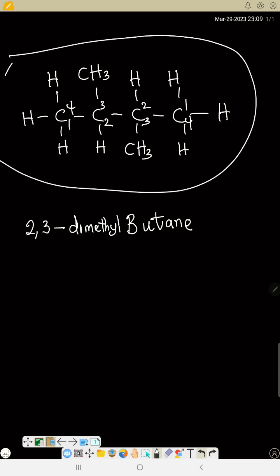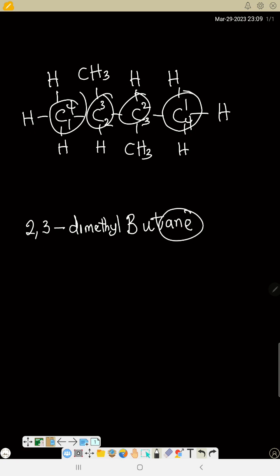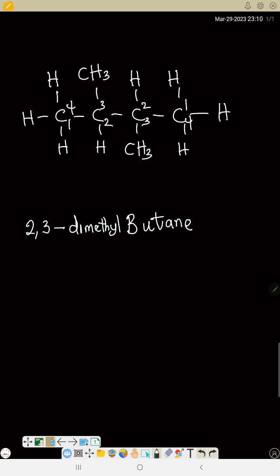We got but because of 4 carbons, the longest continuous carbon chain, but everything is single bond, so we have ANE, alkane, butane. Now, how many methyl groups do you have there? I have 2, that is dimethyl. What is the position of those methyl? One is on 2 carbon and one is on 3. That is 2,3-dimethylbutane.